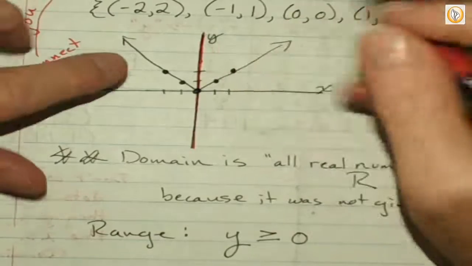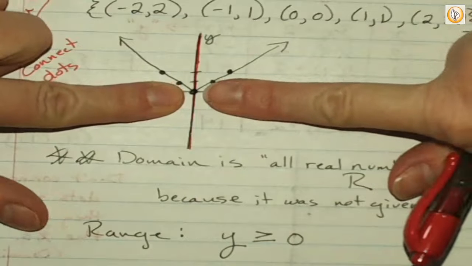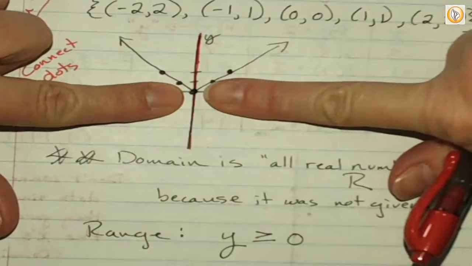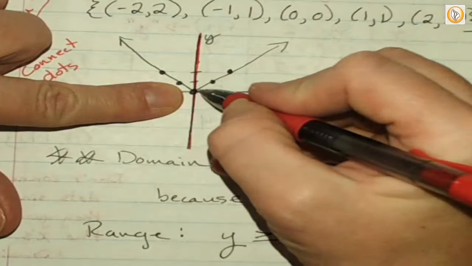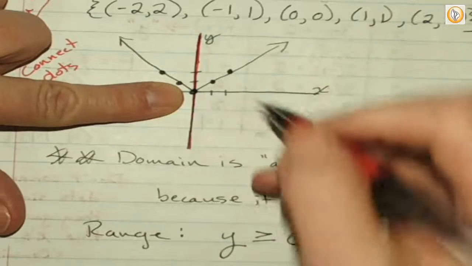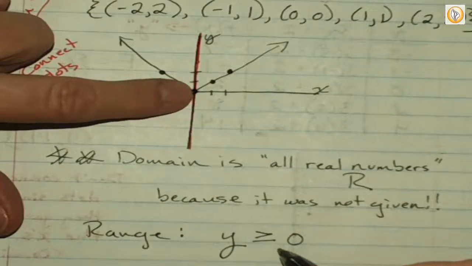This is the y-axis. We're not even looking at that. The range is what are we utilizing on the y number line. So where does it begin? Where does our graph begin? Right here on 0. So y can equal 0, right?